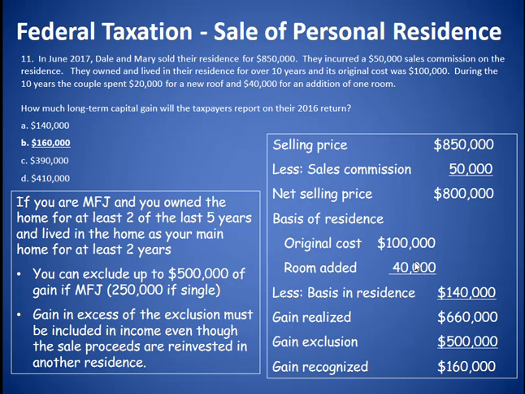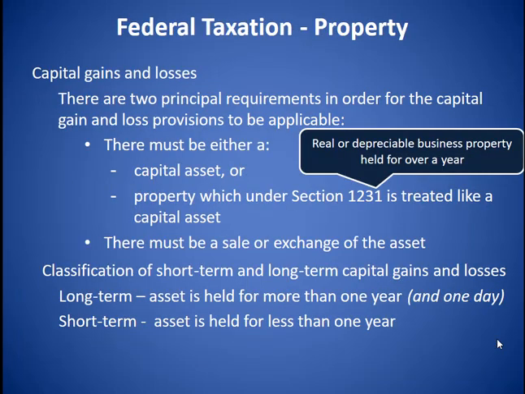The repair and maintenance to the roof is not an addition to the cost basis of the home. So our basis in our residence is $140,000, meaning our net selling price of $800,000 minus the $140,000 basis means that we realized a gain of $660,000. $500,000 of that gain can be excluded.